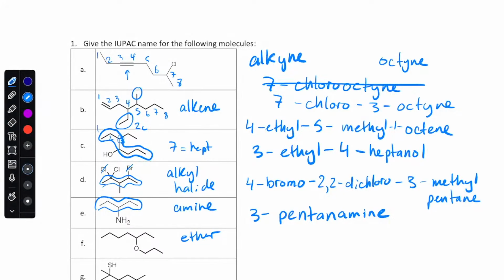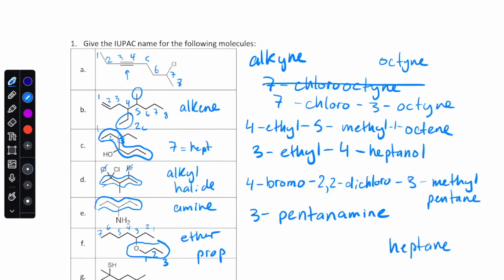So in this case, we have the oxygen, and the way we do those is we take the shorter chain, and we consider that as a substituent of an alkane. So the longer chain here is 1, 2, 3, 4, 5, 6, 7. So that's a heptane. And then we look at the ether chain that's attached, and it has 3 carbons, so it's a propyl chain.